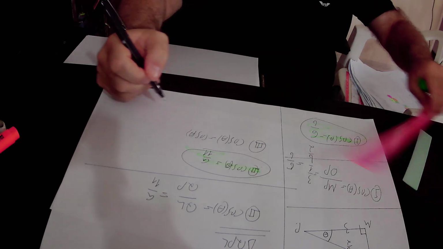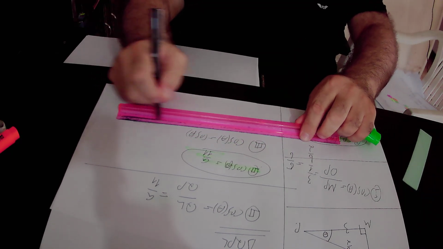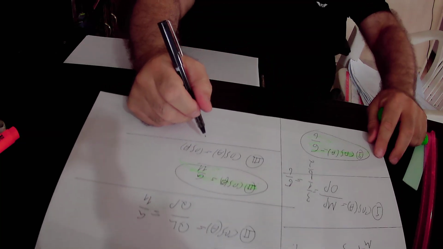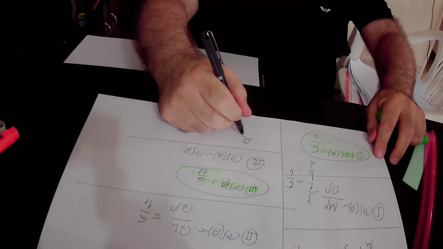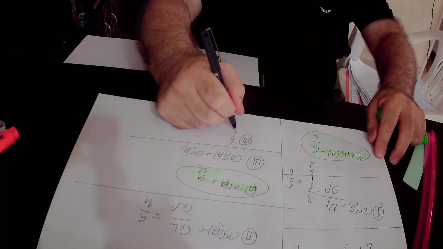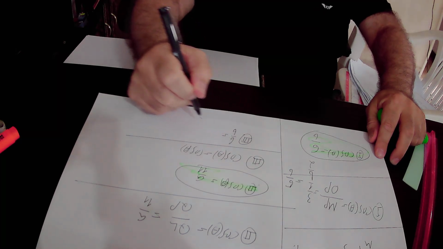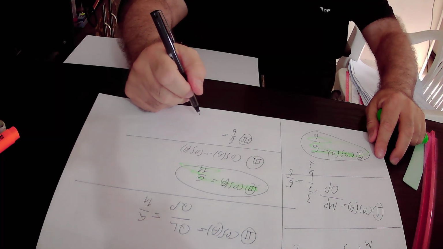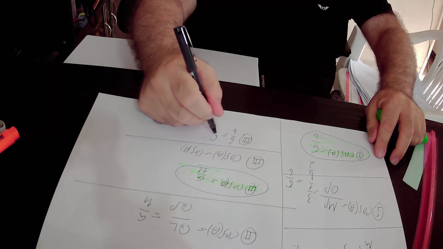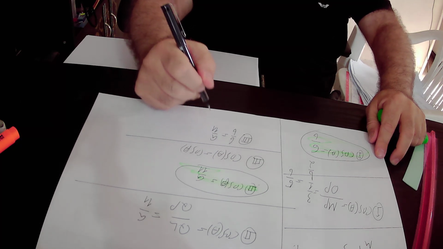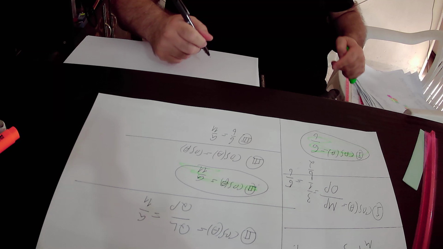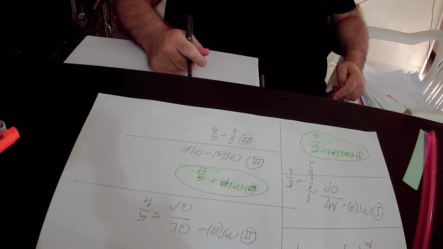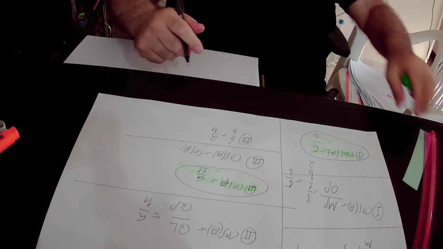So 6 over B must be equal to A over 11. In conclusion, 6 over B equals A over 11 according to equation number 3.